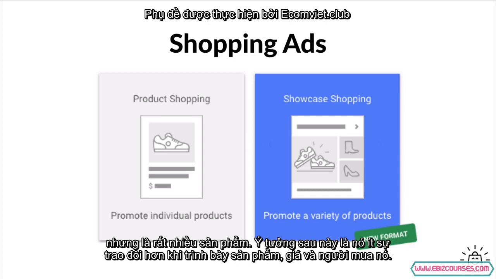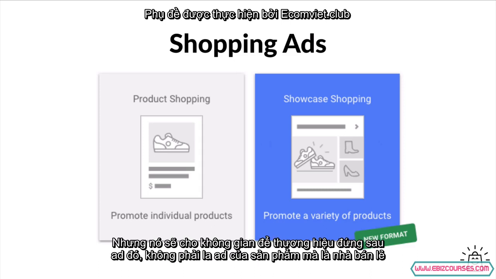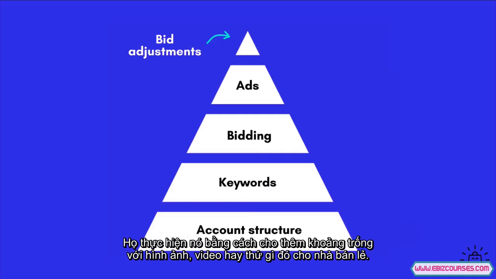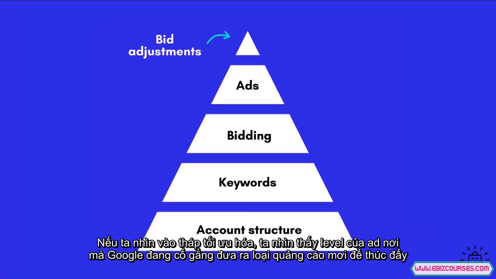The general idea behind this is to be a little less transactional, of showing a product and a price and people buying that one, but to give a little bit of room for the brand behind the ad, not the brand of the product, but actually the retailer that's behind the ad. And they do that by giving a little bit of extra room with an image or a video or something to the retailer.